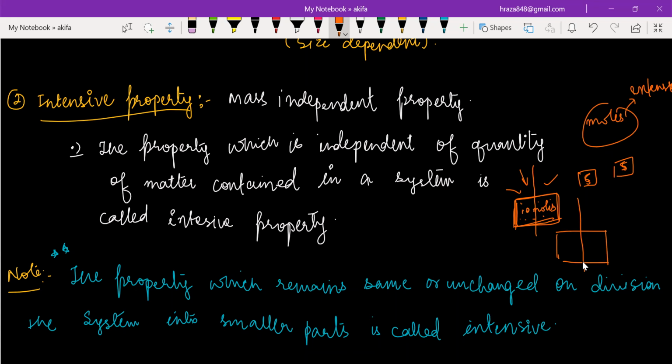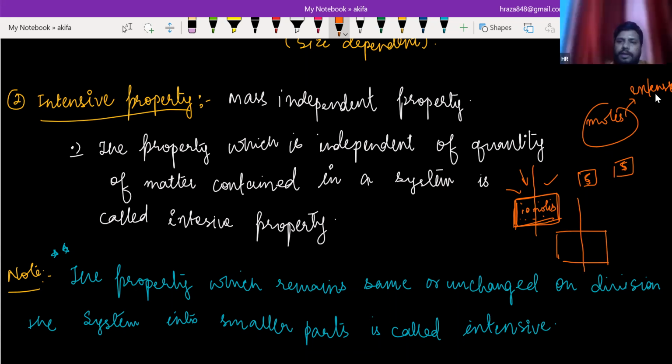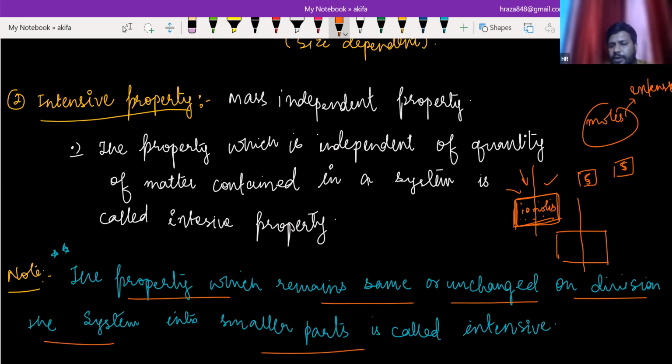And after dividing, if it is changed, that means volume is intensive or extensive? Extensive. Very good. So it is very important to know that the property which remains same or unchanged on division of the system into smaller parts is called intensive.